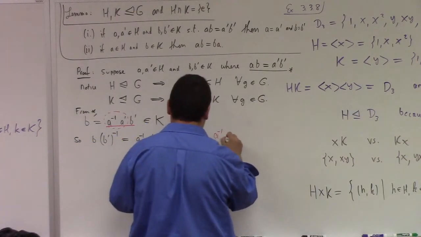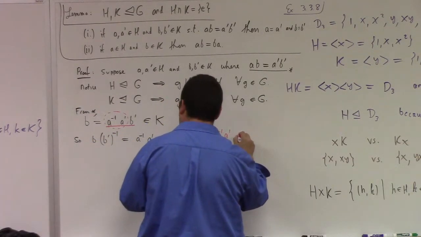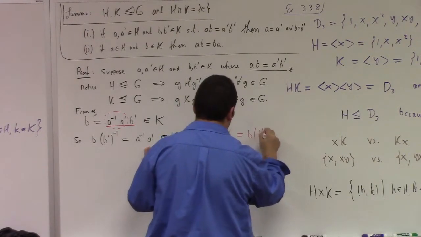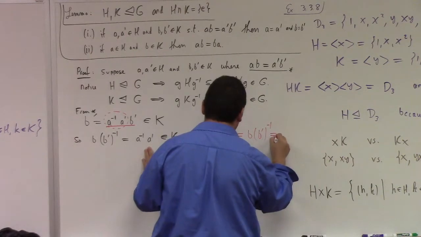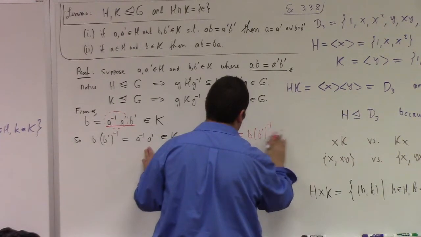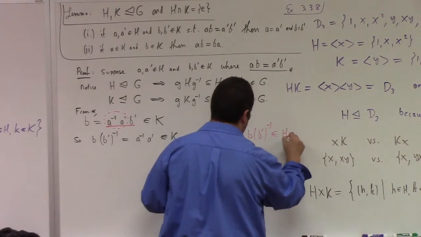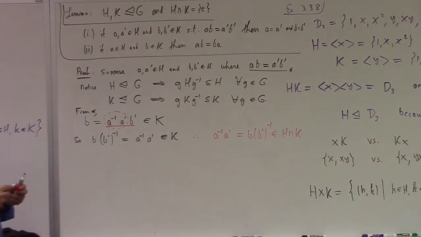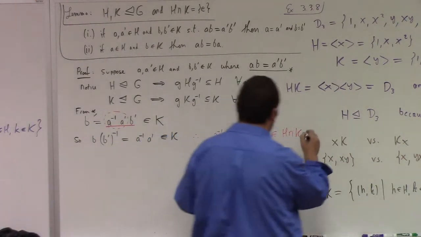a inverse a prime equals to b prime inverse is equal to what? Well, let me point it out. It's an element of H intersect K, right? But what did we assume about H intersect K? That's the identity.